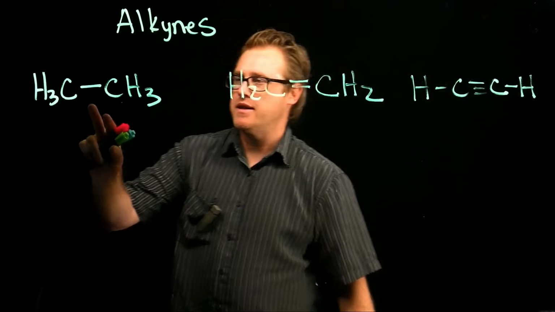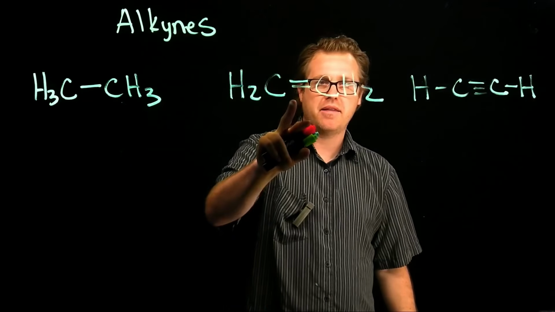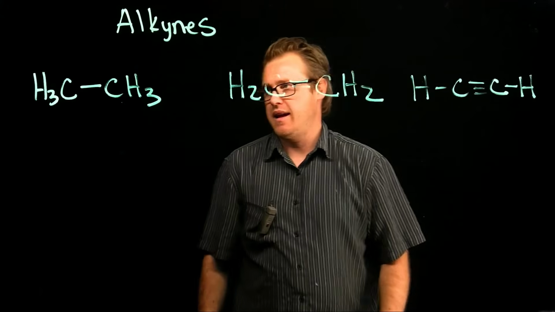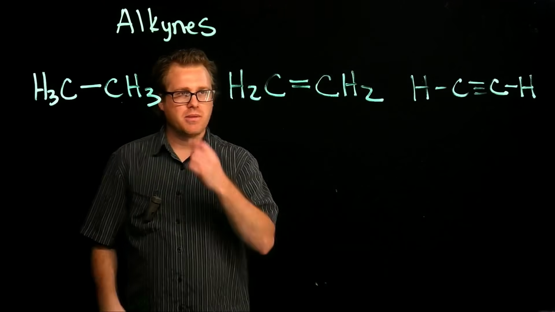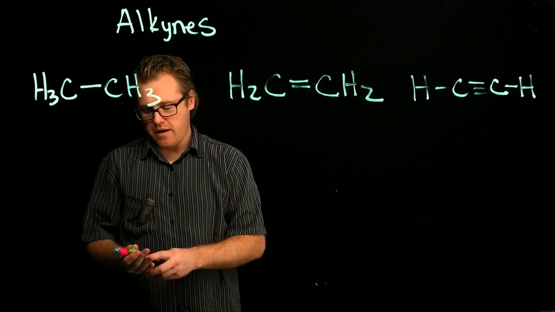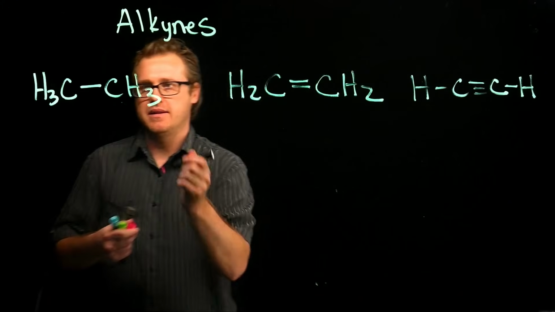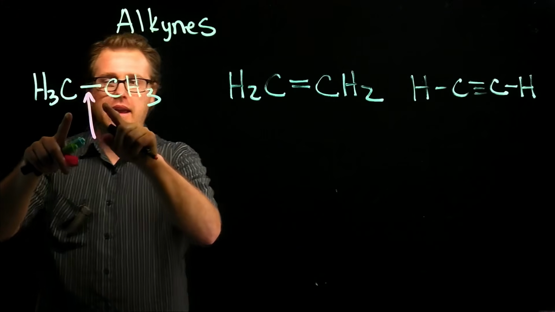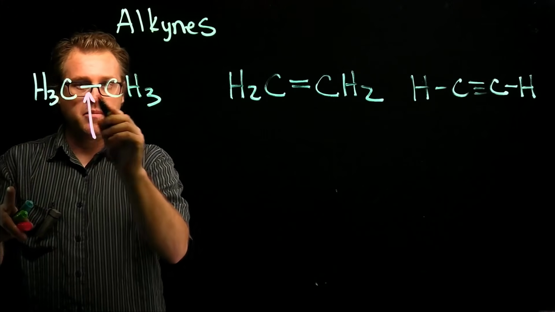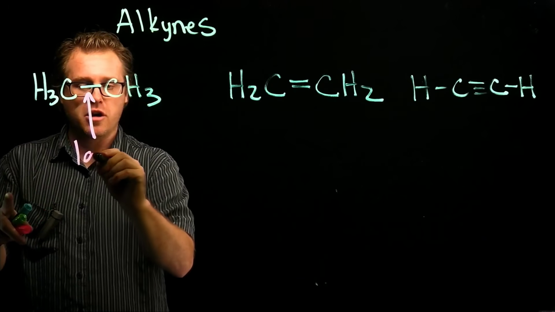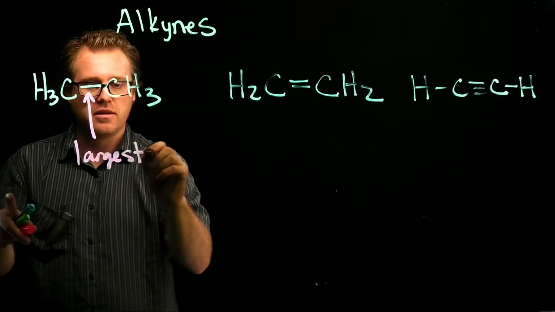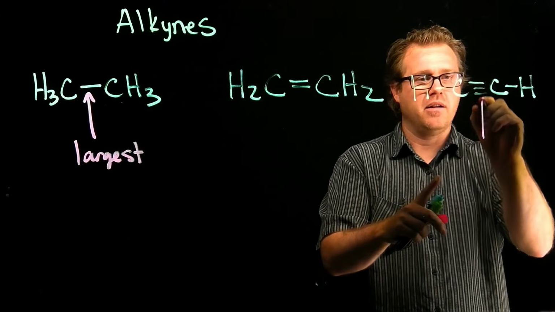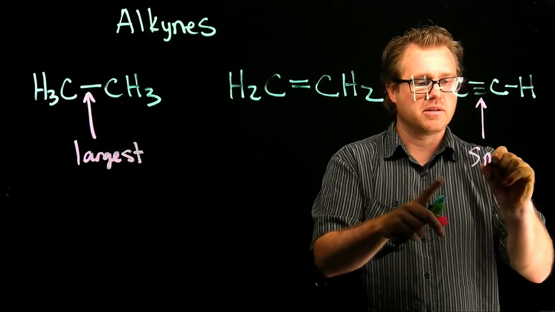So what we have here is ethane, ethylene, and acetylene. You all see that they have 2 carbons each. What I want to first focus on is the bond lengths. In ethane, the bond length between the 2 carbons is the largest, the longest. And the distance between these 2 carbons right here is going to be the smallest.